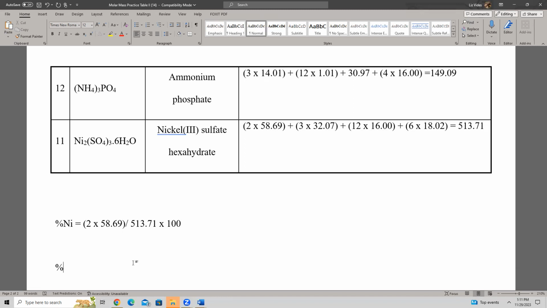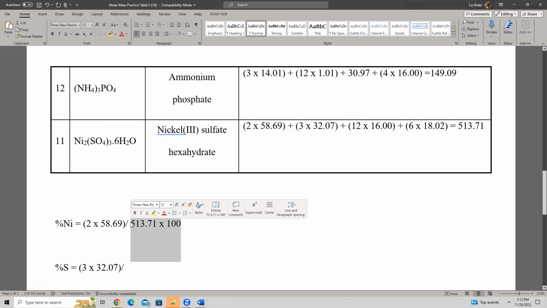Percent sulfur is going to be equal to, see, I'm just copying and pasting this, and divided by, I might as well just copy paste these two because that's the same number. Boom.